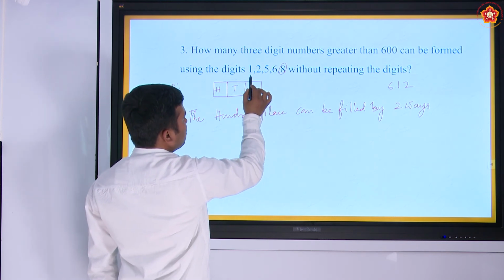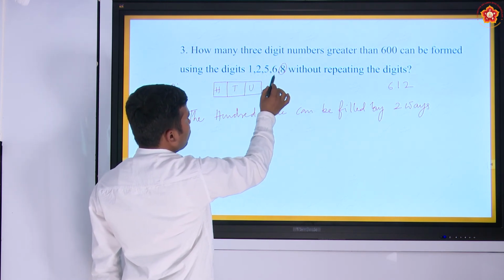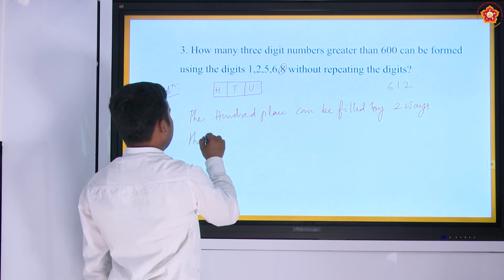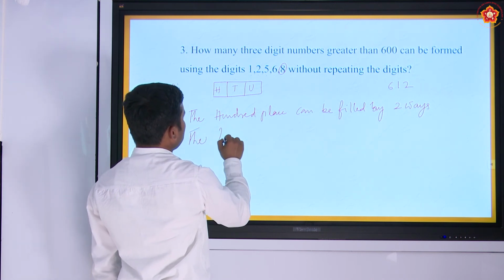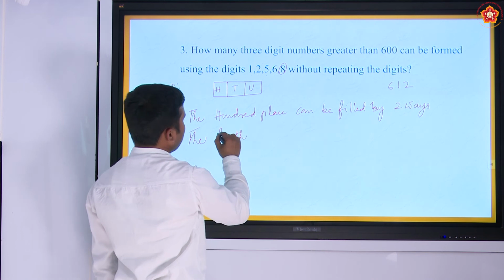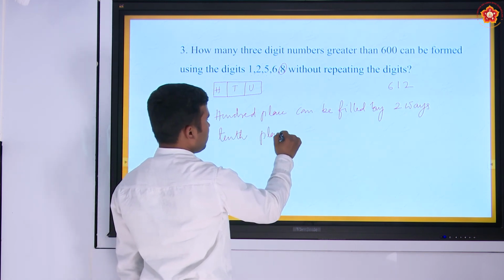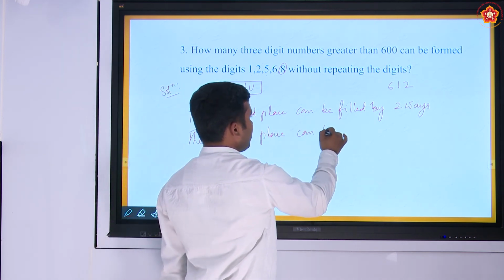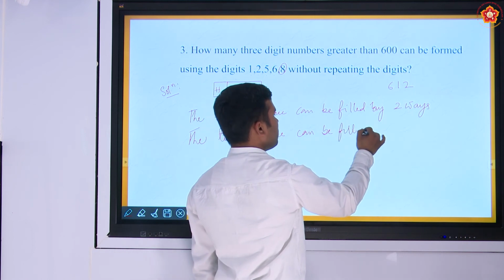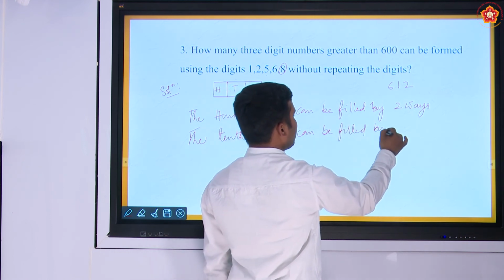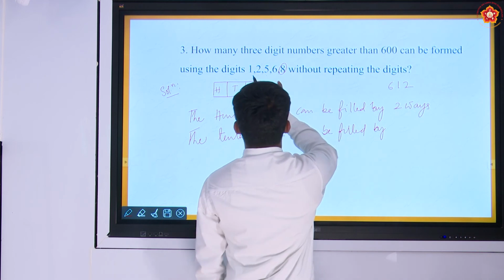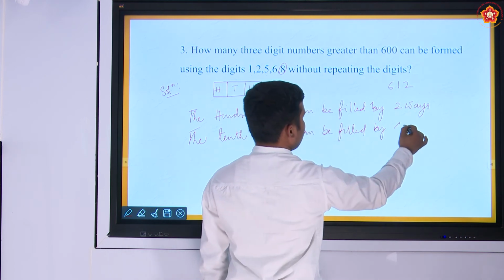How many digits remaining? 1, 2, 3, 4. Then the tens place can be filled in how many ways? There will be 4 ways.